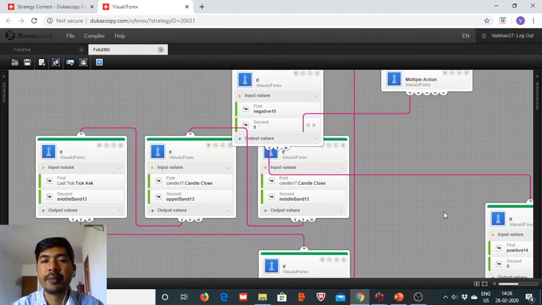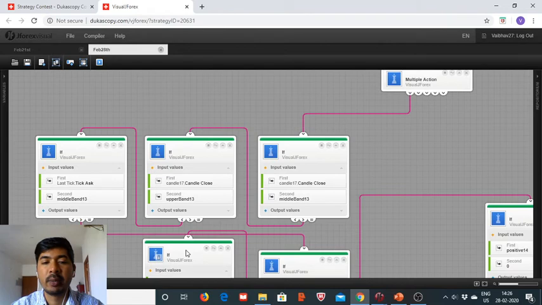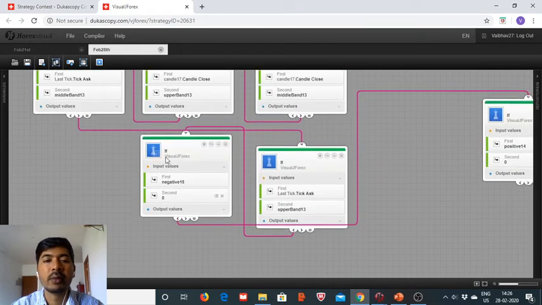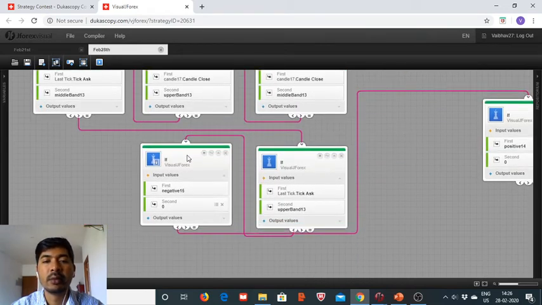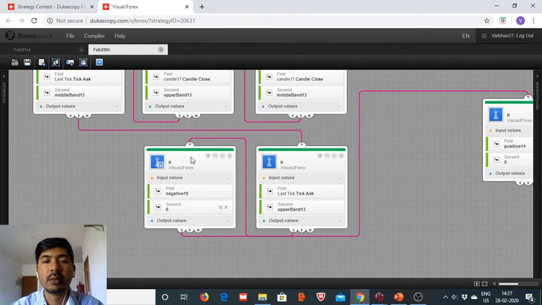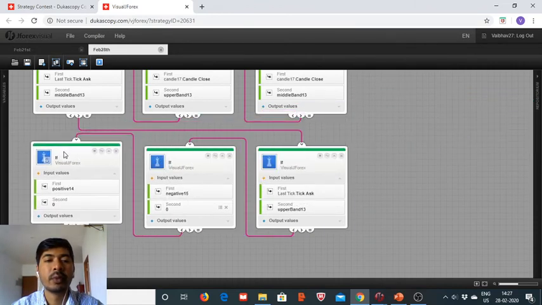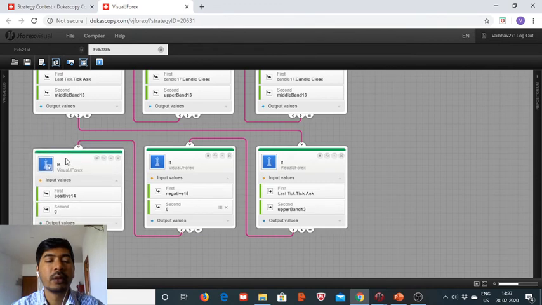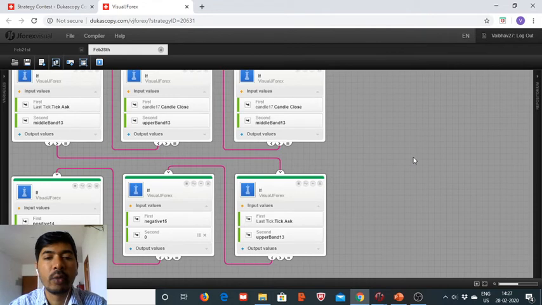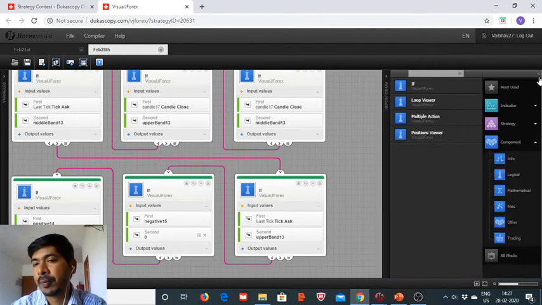So it's looking good enough. Now let's bring in the market open.